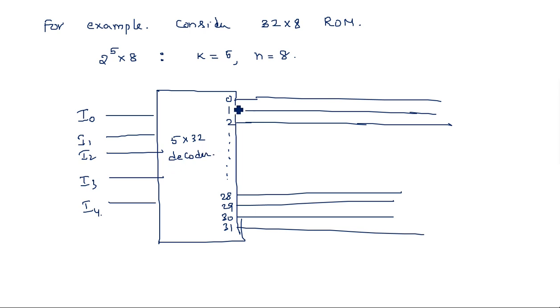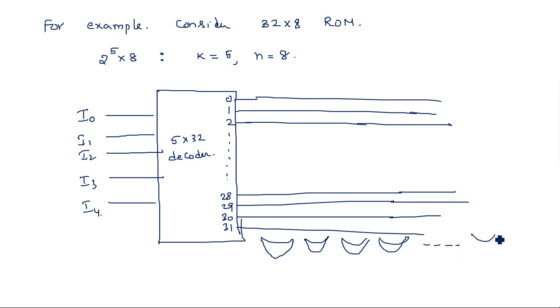It is a decoder which is having 5 inputs and a total of 32 outputs. Out of these 32 outputs, we are having only 8 outputs. 8 outputs are represented as 8 OR gates: 1, 2, 3, 4 and so on, 8 targets.